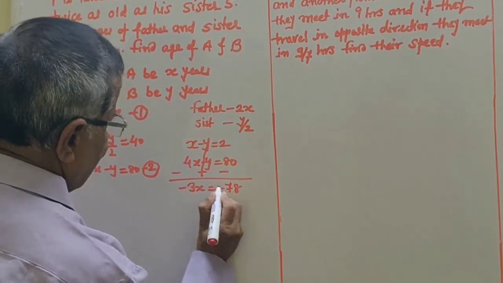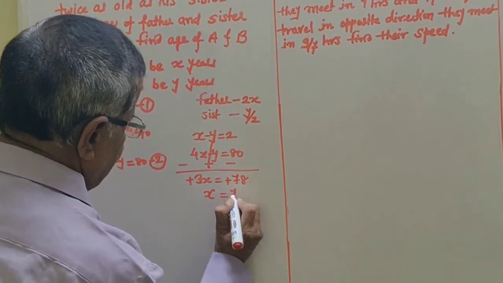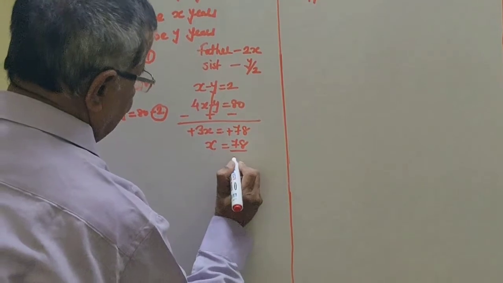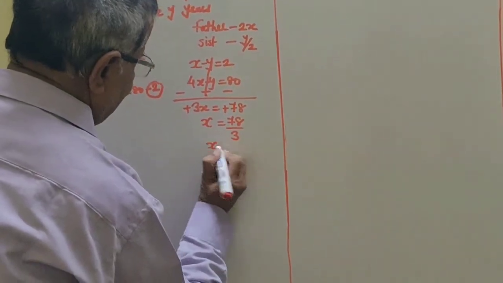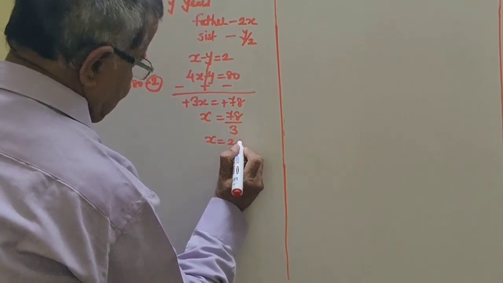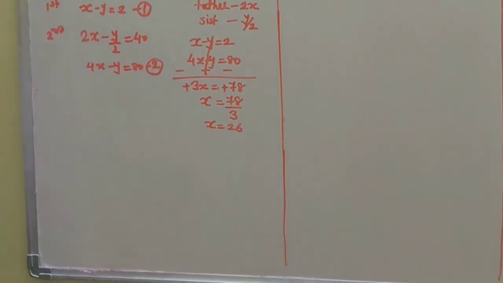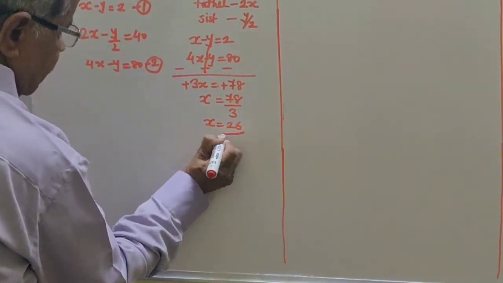Now the minus sign will get cancelled. x is equal to 78 upon 3. What value will come here? 3 2s are 6, 3 6s are 18. The value of x is now 26.